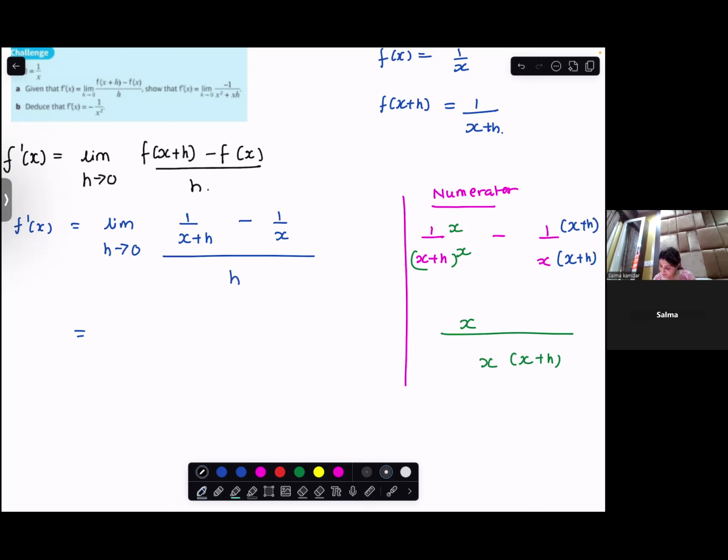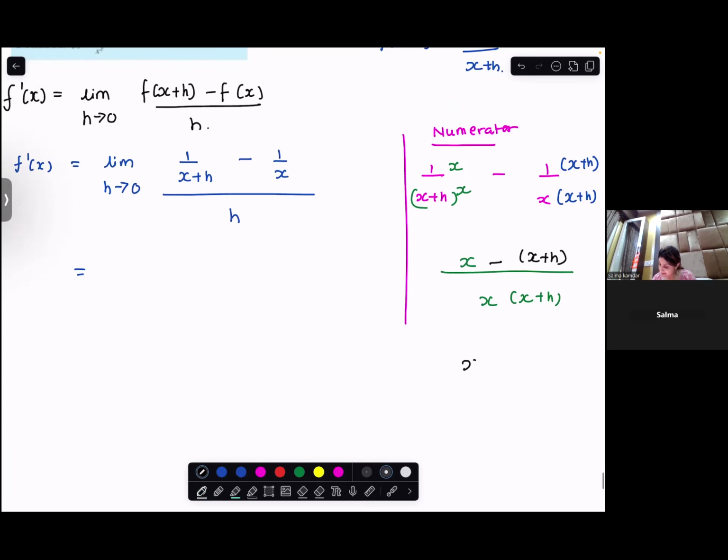Okay, so this would become minus x plus h. So my numerator becomes x minus h, divided by x plus h. So this x and x goes away.